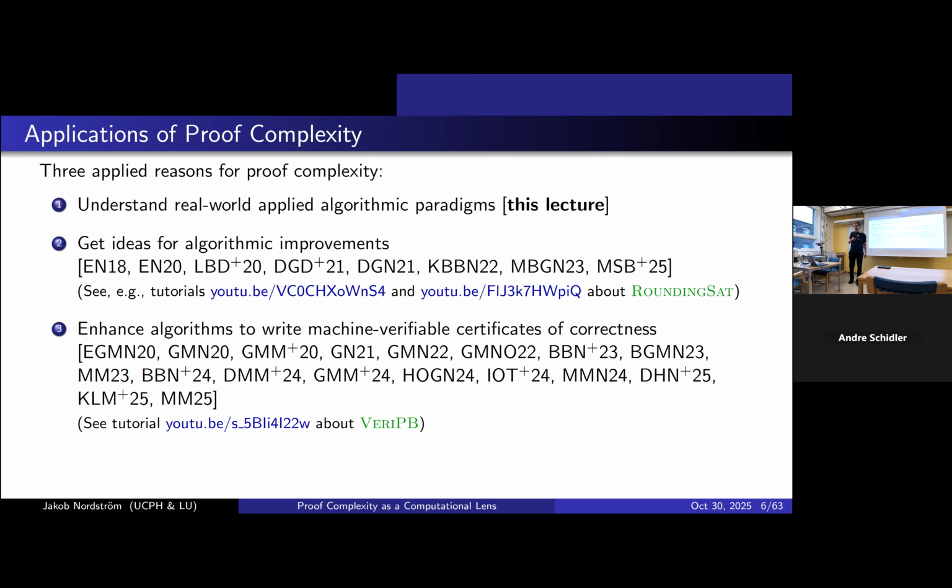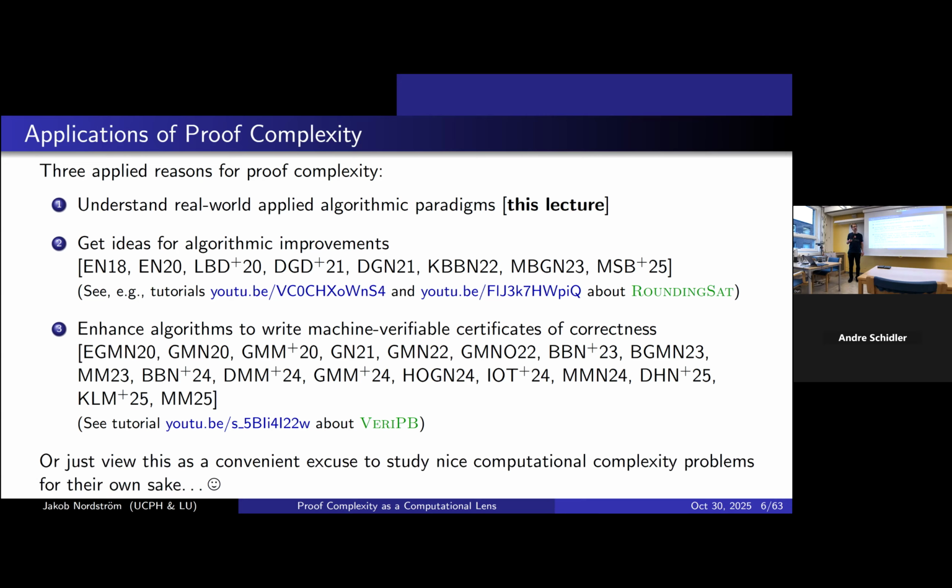And I'm dumping some references on these slides, but we're not going to talk about this today. And for mostly the rest of today, but also for the following lectures in this proof complexity course, we'll just say, actually, even without all of these applications, we just get a lot of really nice mathematical problems that we can do discrete mathematics about, and we don't really need any further excuses than that because we like to do discrete math.